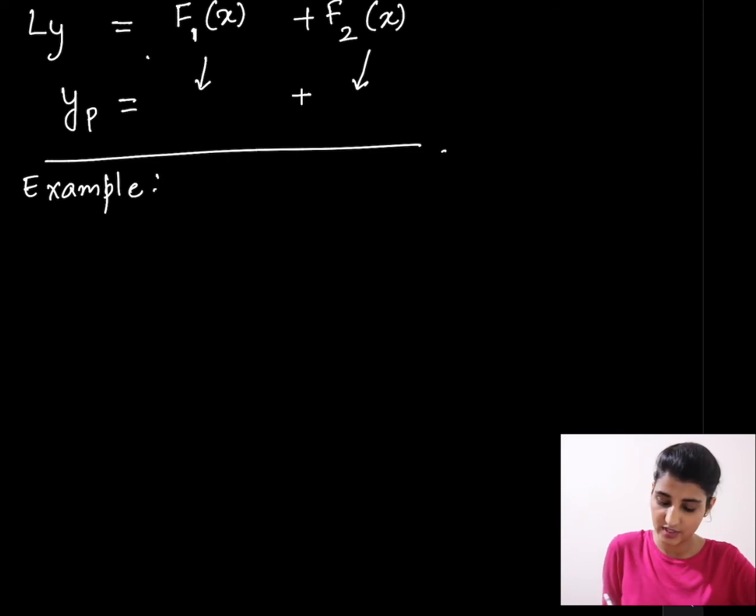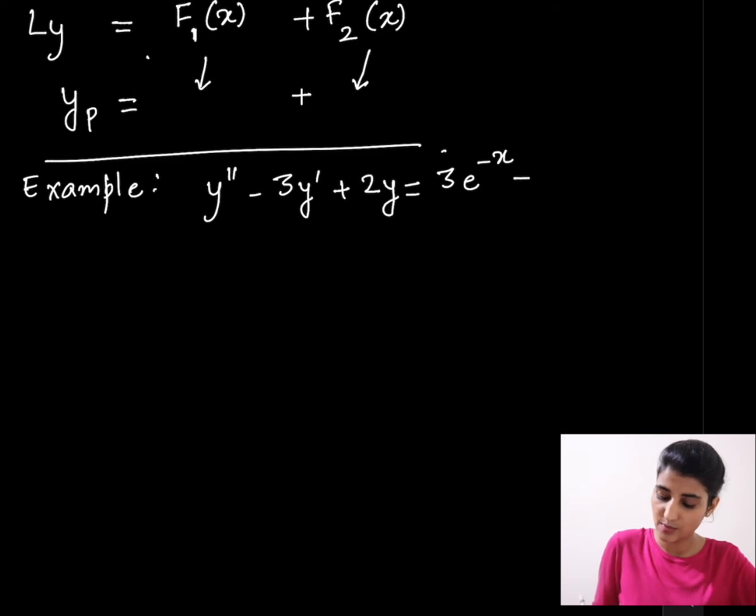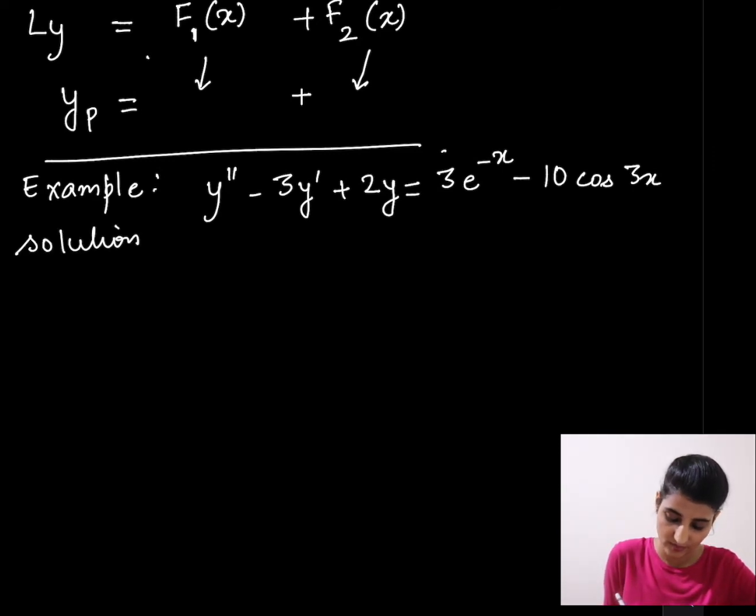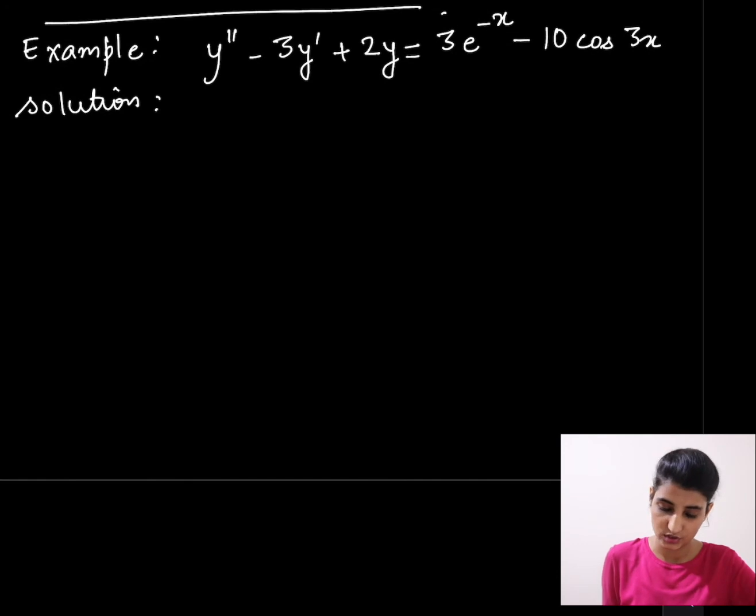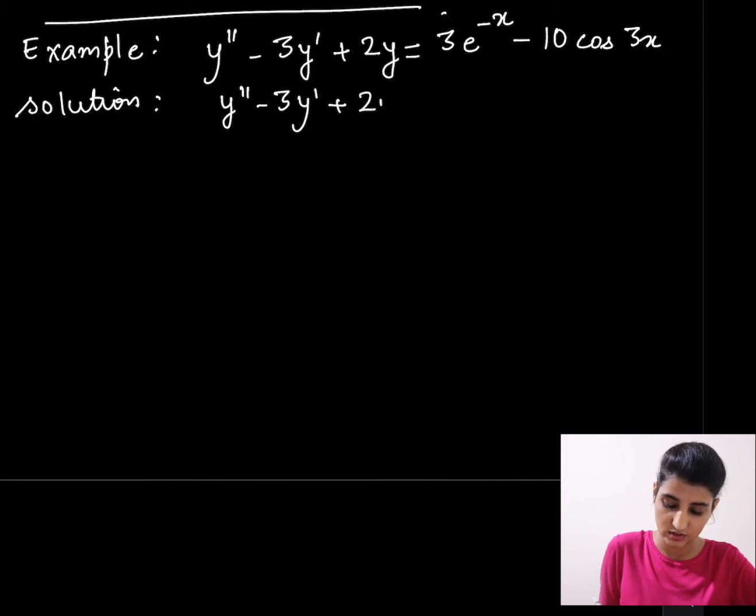Our next example is we want to find the general solution for the equation y double prime minus 3y prime plus 2y equal to 3 times e power negative x minus 10 times cosine of 3x. First step is always to find the complementary solution. So we write down our associated homogeneous equation. Write down the characteristic equation.